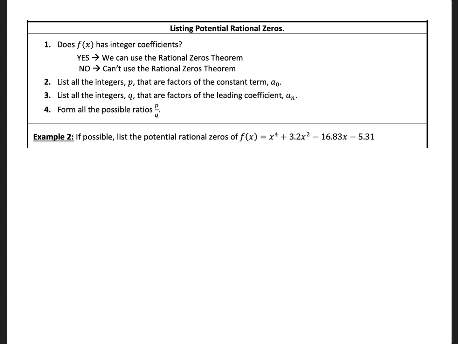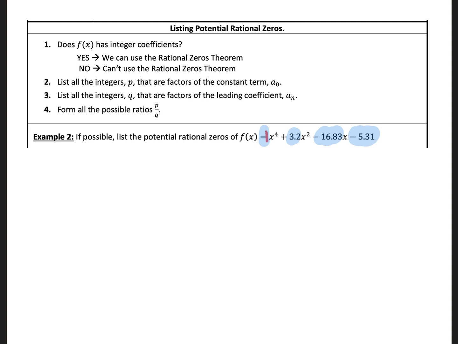Again, the first question that we have to answer is whether or not f of x has integer coefficients. For this one, notice there's not a number in front of x to the 4th, but there is a sneaky little 1 written there. That's invisible for now, but it is there. And then we have 1, 3.2, negative 16.83, and negative 5.31 for our coefficients.